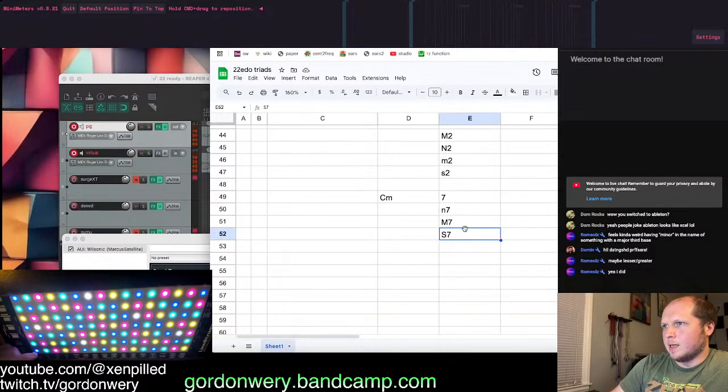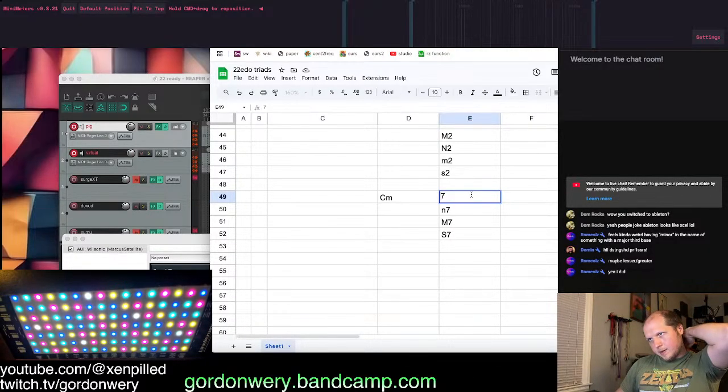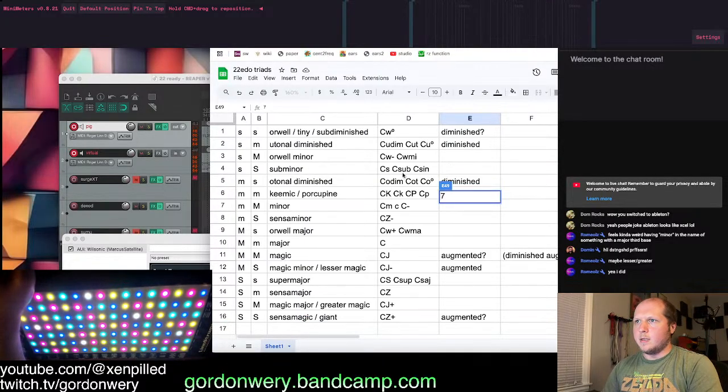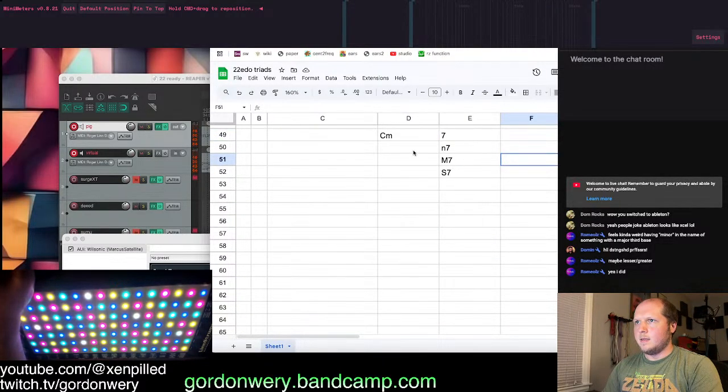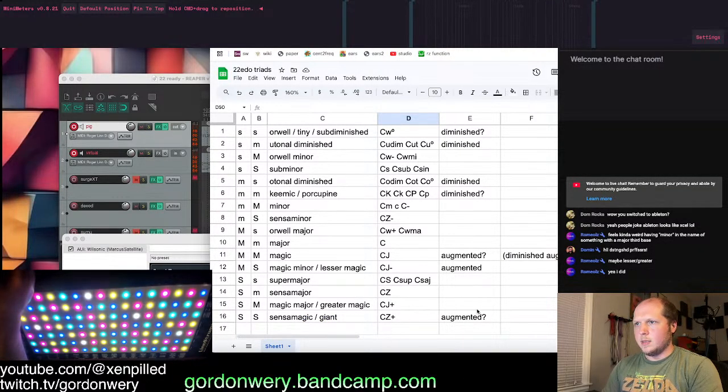You have to choose something. To me, this makes the most sense because it seems like the best compromise because it reflects this, which I don't really feel weird about at all. And yeah, there's just a few instances where this feels like it should be a subminor 7 instead of a minor 7. But basically you could take any one of these chords and just stick it in front of this. And so you can just multiply these by 4. Because you can pretty much do that on all these chords.